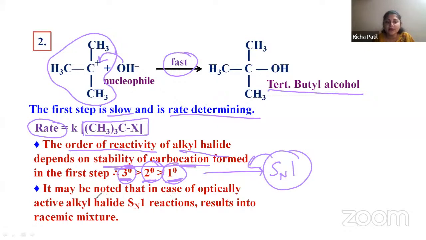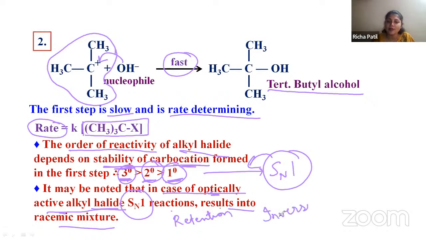Then it may be noted that in the case of optically active alkyl halides, we'll see what optically active alkyl halide is in our further discussion, the SN1 reaction results in a racemic mixture. Racemic mixture means retention and inversion, plus and minus.